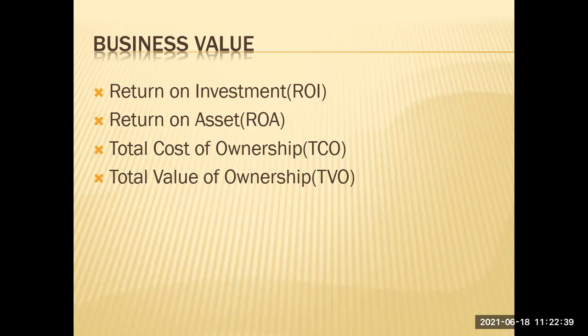So these expenses go on adding till you decide to end the business. Till then, whatever expenses happen, whatever cost happens, all that cost will be called cost of ownership. That cost is associated with the owner. He is the person who is trying to manage all those expenses. So that is called total cost of ownership.